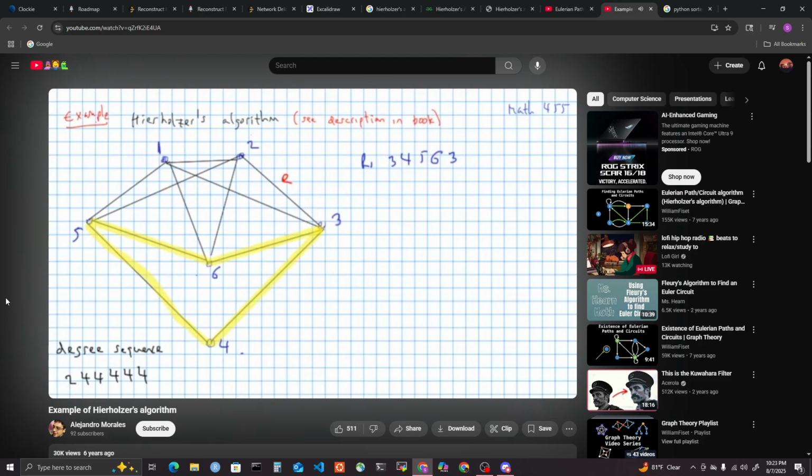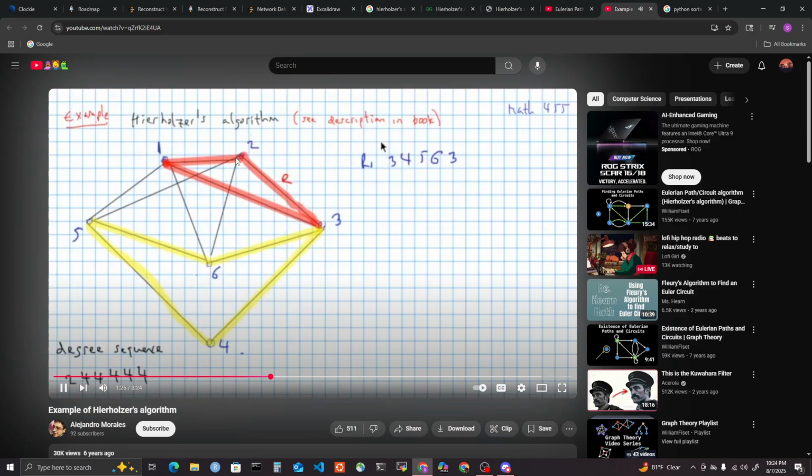So for example, that edge E belongs to this triangle here: 2, 3, 3, 1, and 1, 2. So now I'm going to patch my circuit R1, including this new 3 circuit.